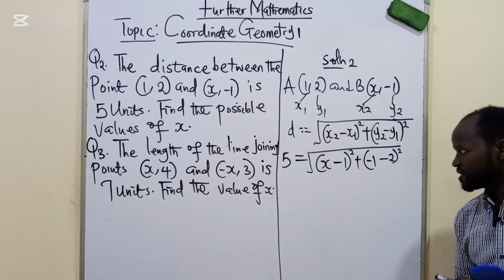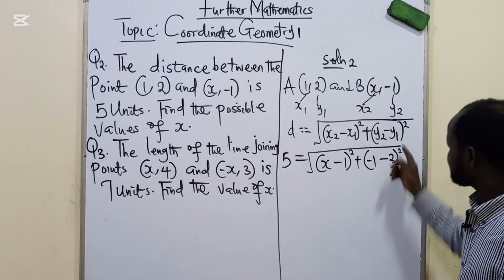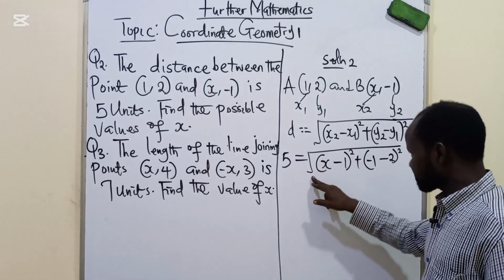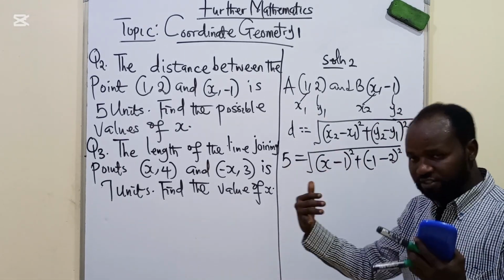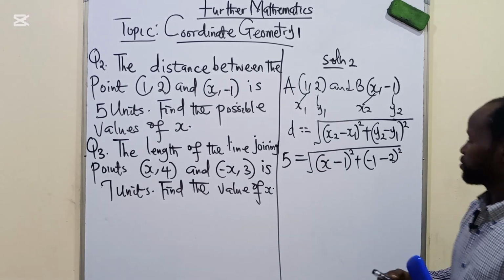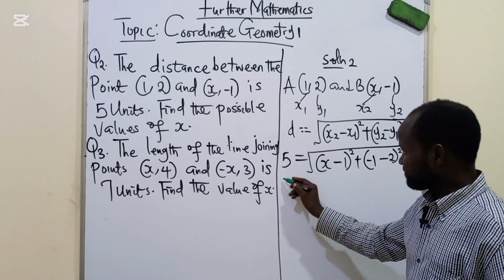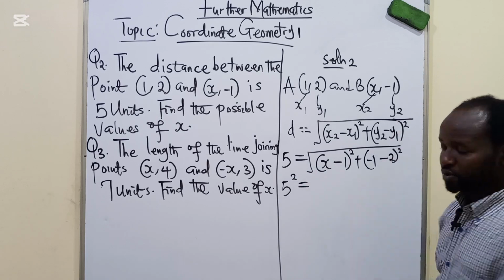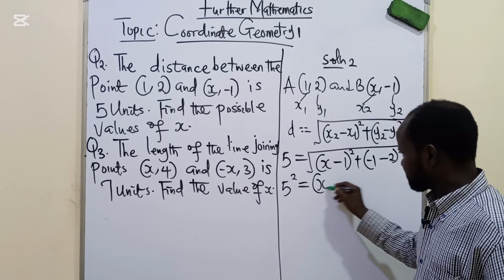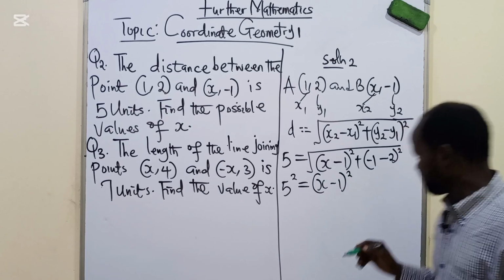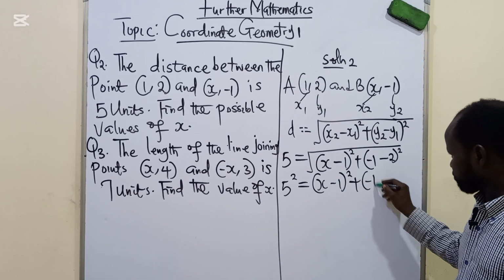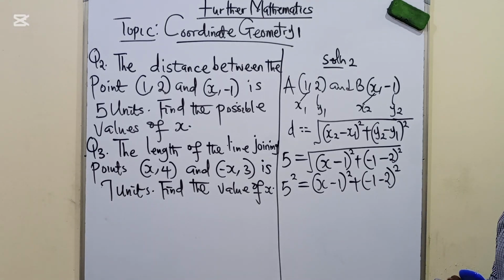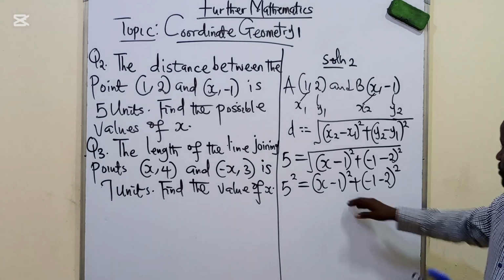Very important. The first thing for us to do here is to remove the square root, or radical. To remove it, we square both sides. Squaring both sides, 5 squared equals, the square root goes, we are left with (x minus 1) all squared plus (-1 minus 2) all squared.